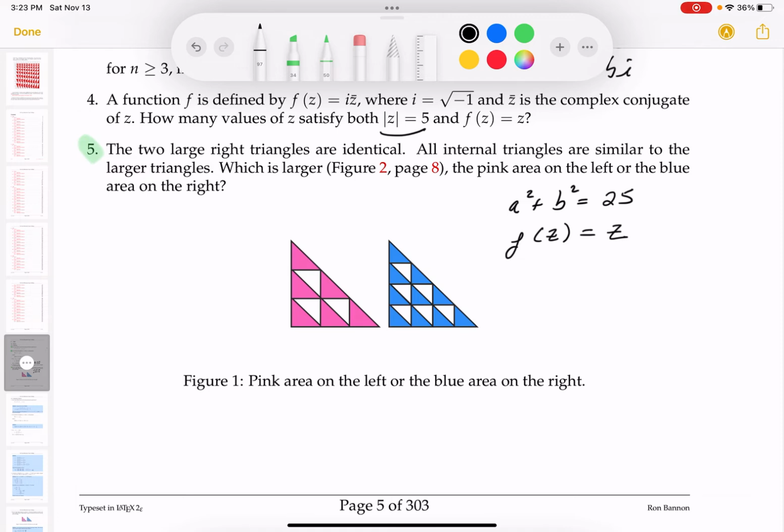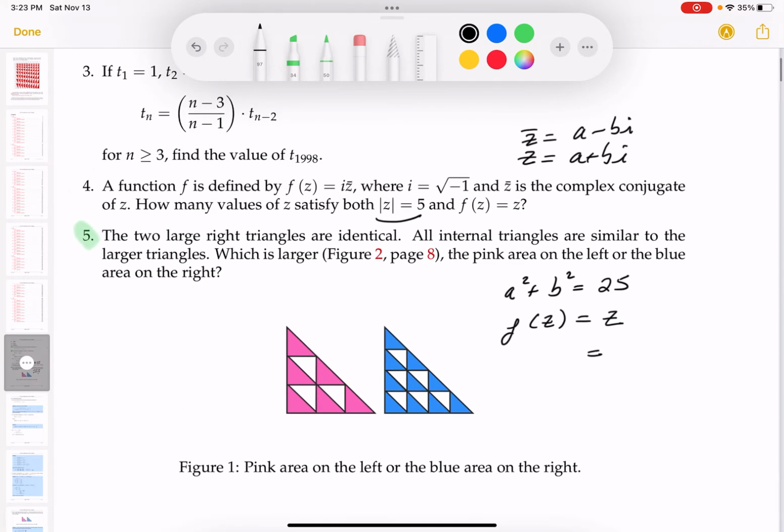And let's see if we can do that. So what does f, well, let's write this down. What's z? Well, I'm going to say z is a plus bi. Now, what does f do to z? It does this. So that would be i times the conjugate, right? What's the conjugate going to be? a minus bi.